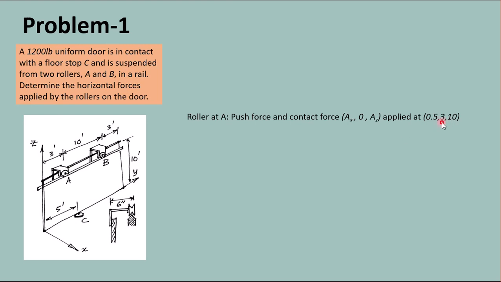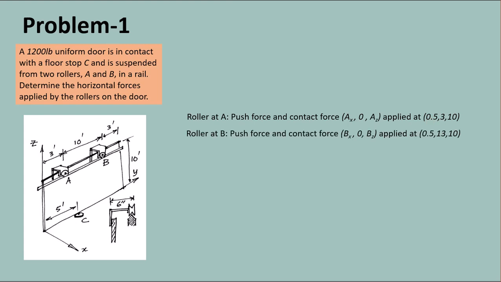Location of the roller along y-axis is 3. And then you will have to come out 6 inches along the x-axis. So the x coordinate of the roller is 0.5.